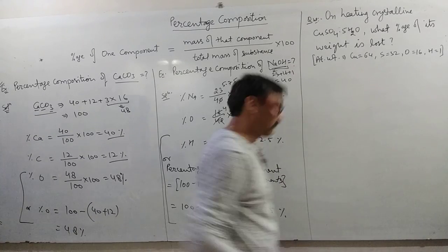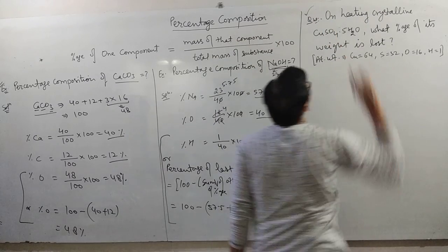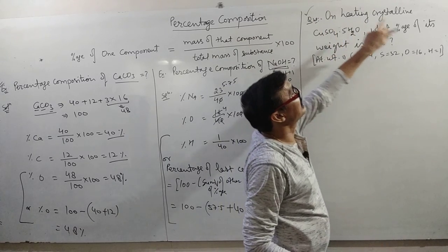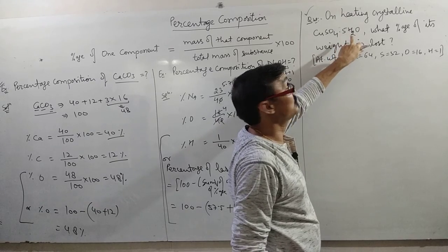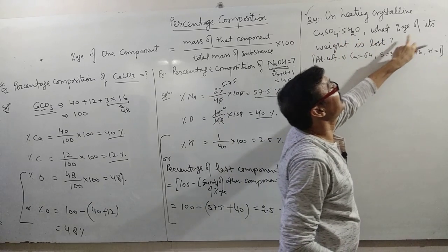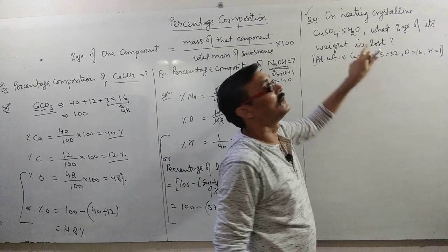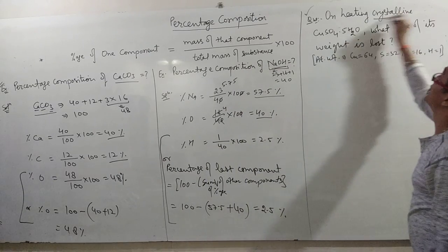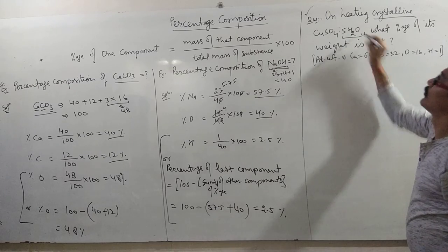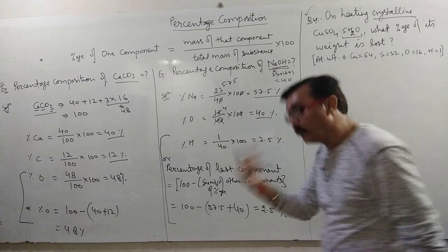Now guys, the next question: on heating crystalline copper sulfate, CuSO4·5H2O, what percentage of its weight is lost? On heating any crystalline substance, its crystalline water molecules get removed.